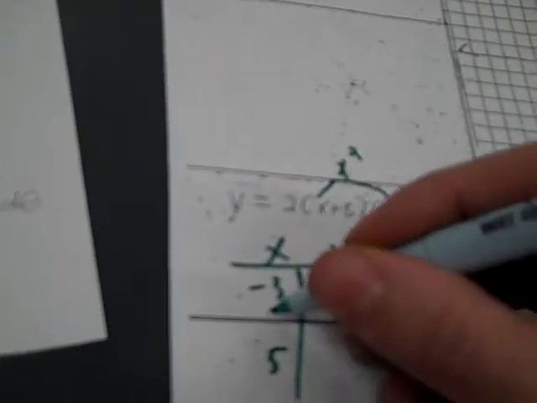Okay, so now to find the middle, I add the first and third and divide by 2. So I add these two, and then I divide by 2. That equals 1. Okay? And now I plug in on my calculator to find the y's.